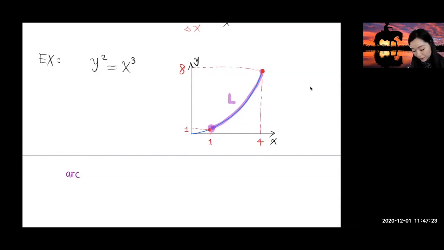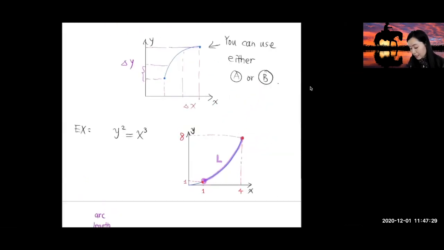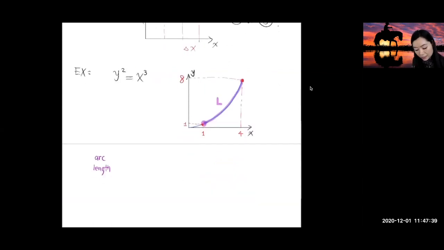Now this one over here, as we mentioned before, looks like this, right? We can either slice it this way or slice it this way. You can use either A or B to do it for this one. So the arc length over here, let's call that L. That is equal to, which one do you think is better?